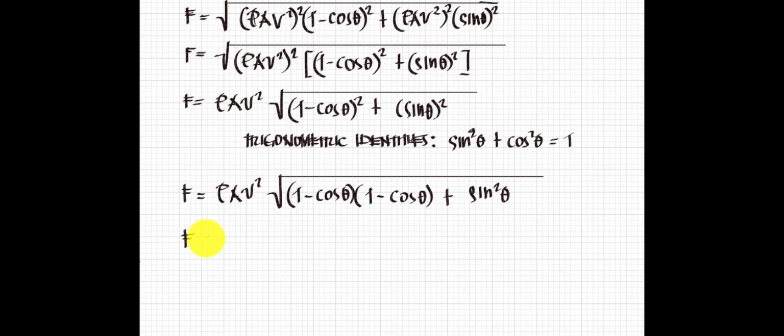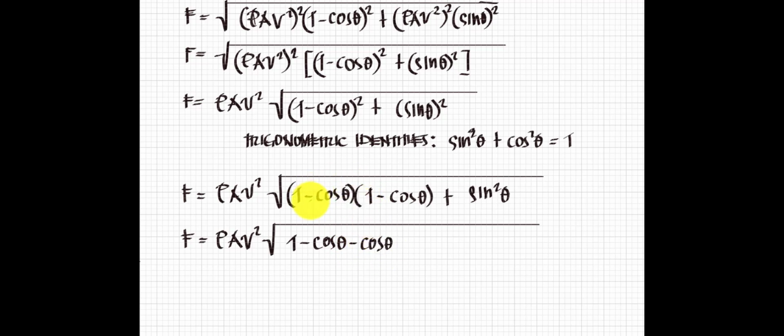So we have your force is equal now to your density, area, velocity squared, so that will be distributed. We have your 1 dito, so this is 1. Then multiply doon, we have your cosine of theta. Then another one here, negative, so that will be cosine of theta.